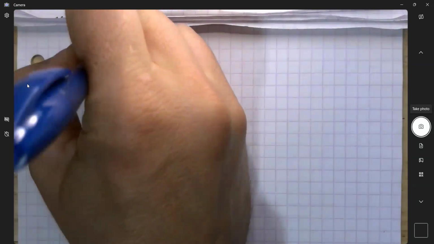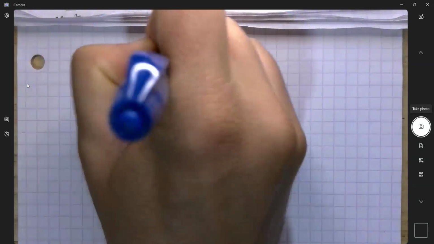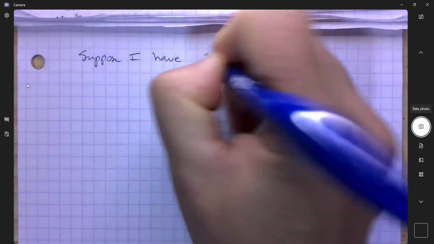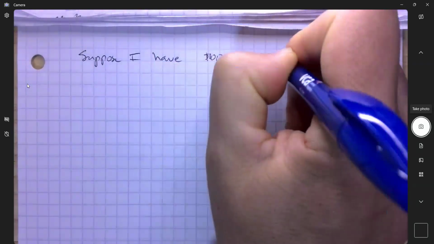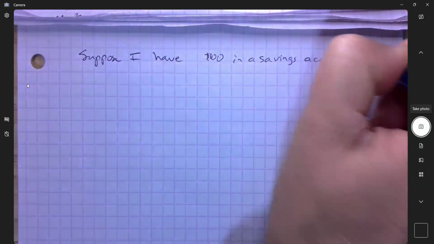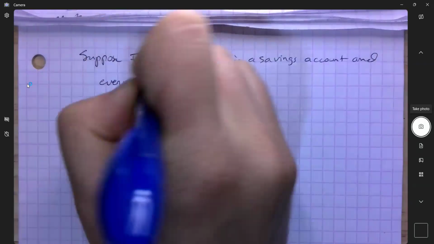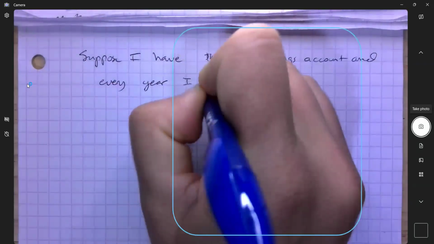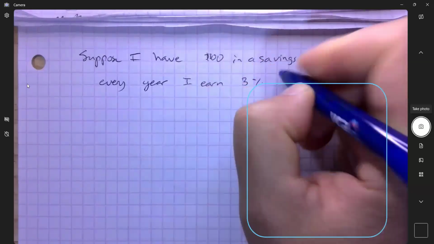All right, let's do another one. Suppose I have $100 in a savings account, and every year I earn 3% interest.